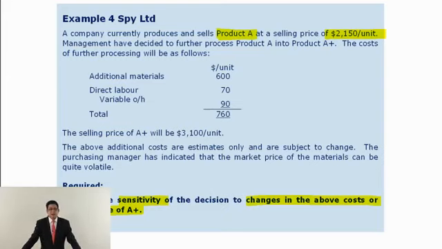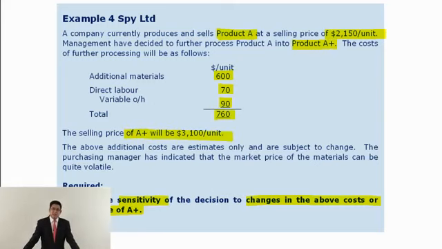Management have decided to further process product A into product A plus. The costs of further processing will be as follows. If we process A into A plus, these are further processing costs, in total 760. The selling price of A plus will be $3,100 after further processing.